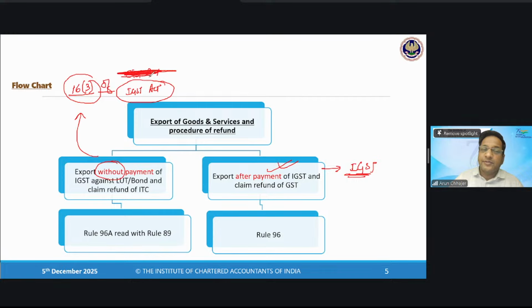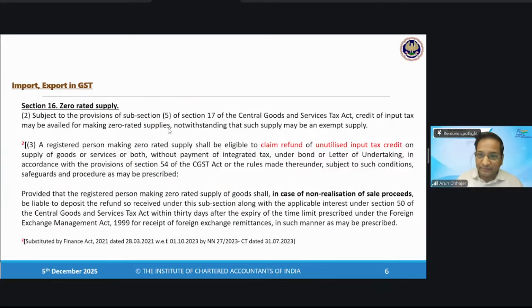In export, import, place of supply chapter, we are reading the provisions of the IGST Act. Okay. So this is the IGST Act. So I can claim the refund even if I am making the supply without payment of IGST. Yes, I can take the refund, but refund of what? Unutilized ITC.